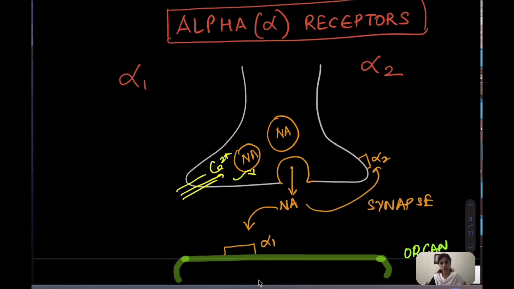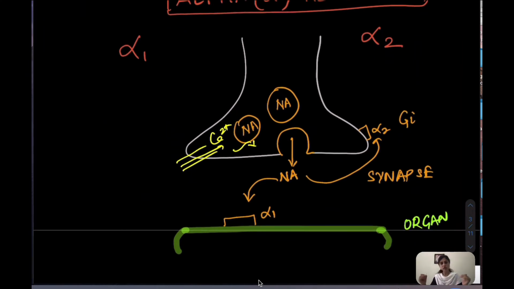Now the difference between them is that the alpha 2 receptors are present presynaptically and are Gi type. Just like I've mentioned before, what the presynaptic or autoreceptors do is act like a lock on the door. When they are present, they are locking the door, so nothing from inside can come outside.